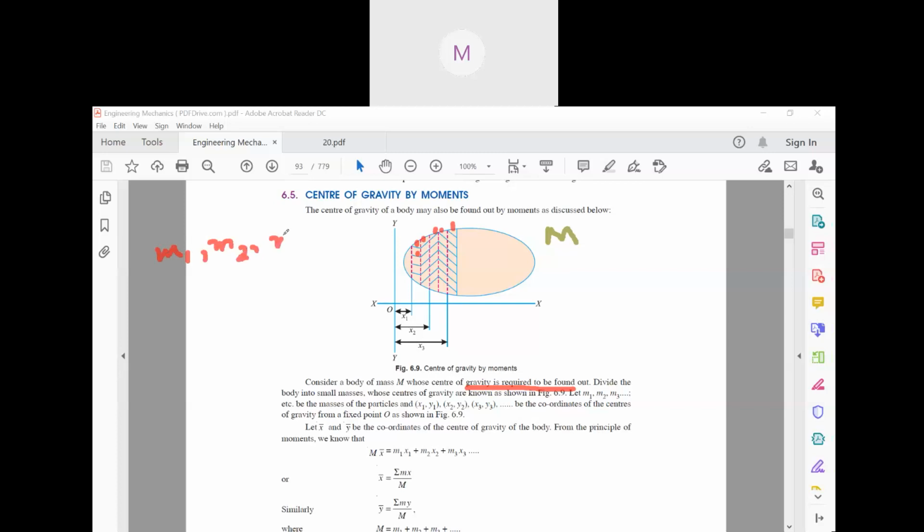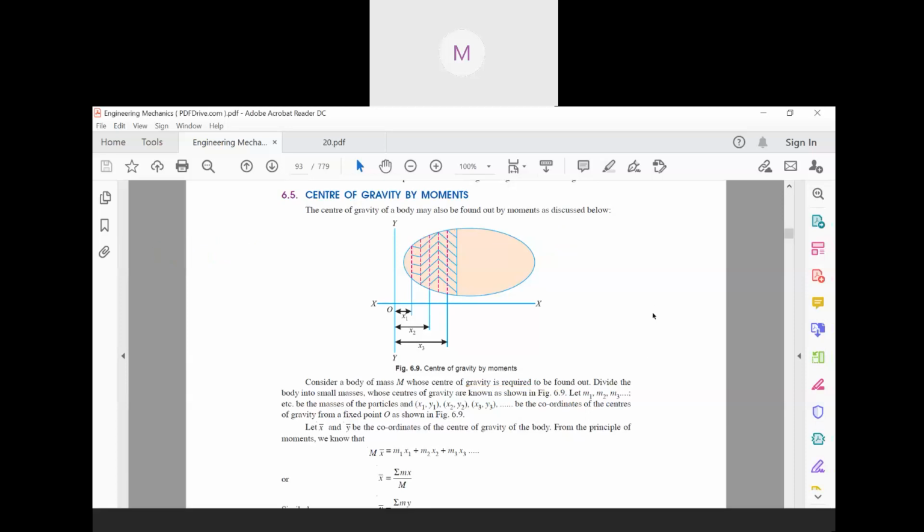Then m3 and so on, right? If we combine all this mass and we find out the coordinates, then we can find out the center of gravity.